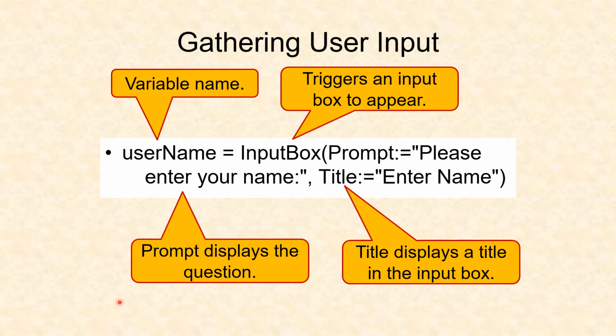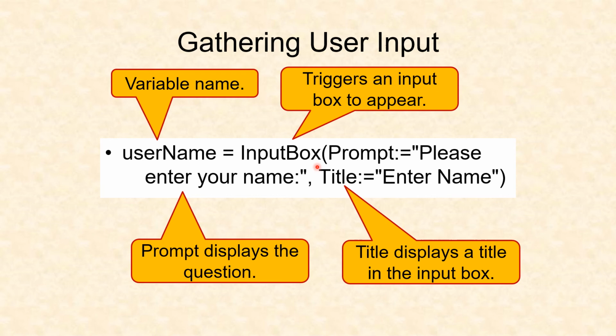From our coding cheat sheet, you can copy this coding. We're going to come up with some variable name. For example, if we're going to ask the user for his or her name, we can call it username. So I'd have to say dim username as string. So username, let that equal, and now we're going to use the input box command. So we say input box, again, that's a specified item.